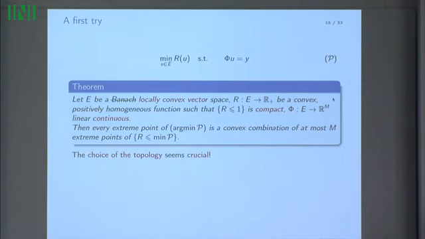So here it seems that you have to make tricky assumptions to have the existence of the minimizer and to have this description with extreme points. So the choice of the topology seems crucial, and we didn't really want this kind of result because we thought that the description of the extreme points was really a geometric feature of the problem and not a topological one. Okay, but still we worked hard to have this kind of result that we didn't publish.